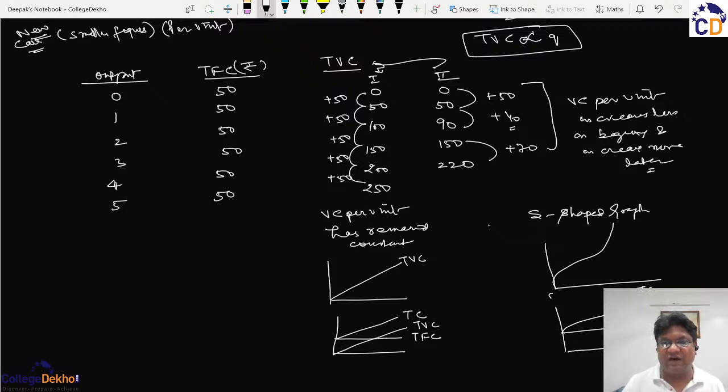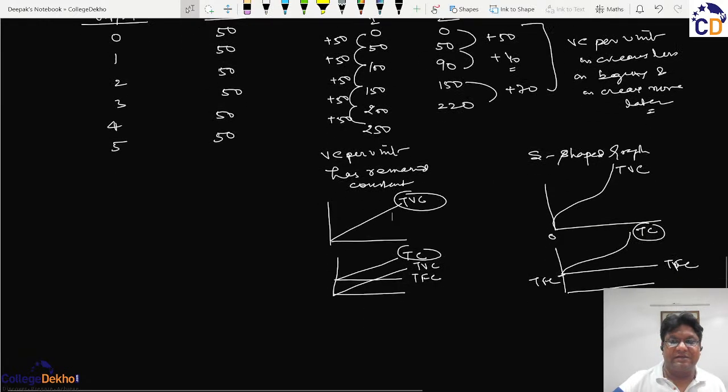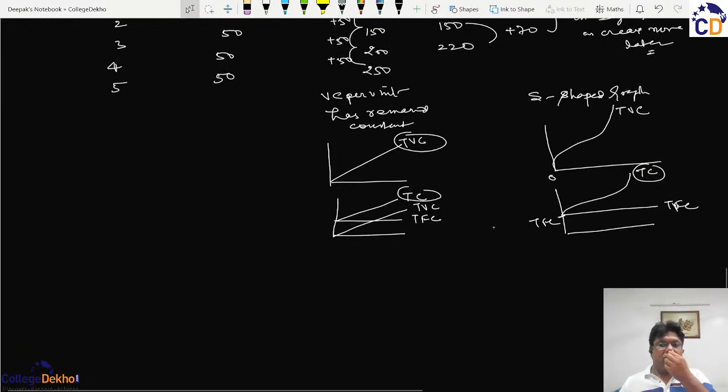If it starts with 0, then it is the total variable cost. If it starts with the total fixed cost, then it is a total cost graph, as we have seen here. So I can again repeat, the graph of the total fixed cost, and therefore the graph of the total cost, can either be a straight line or an S-shaped graph, depending on the position.